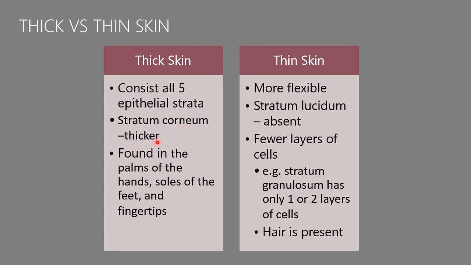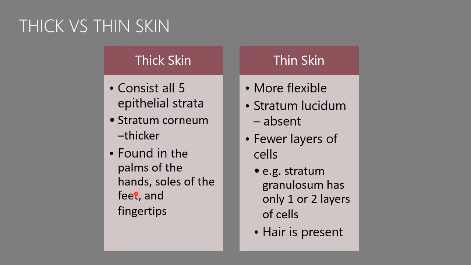It has many layers of skin. This skin is found in areas subject to pressure or friction, for example, your palms, your soles, your feet, fingertips. So you see, yung quality ng skin you have in these areas.